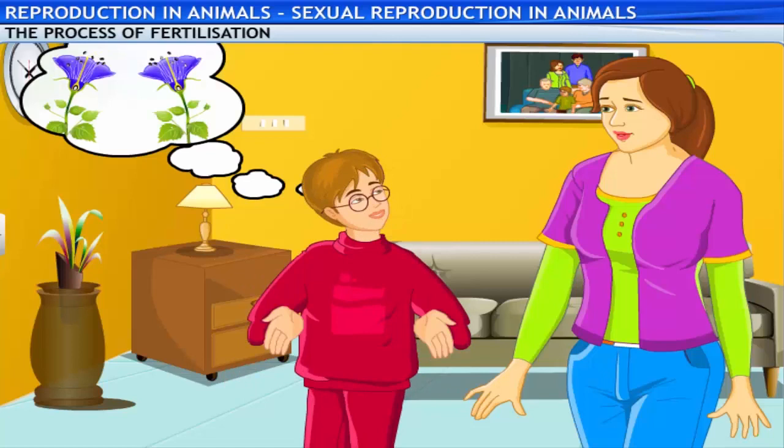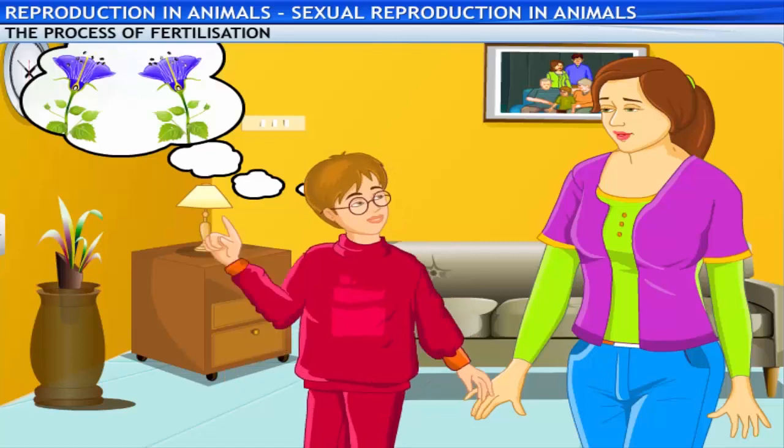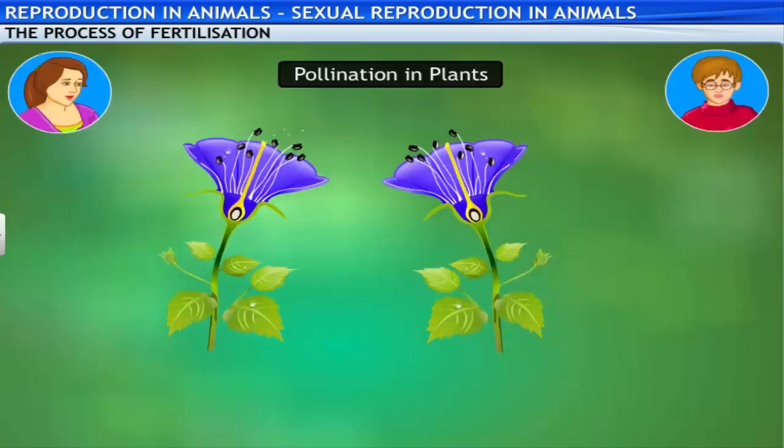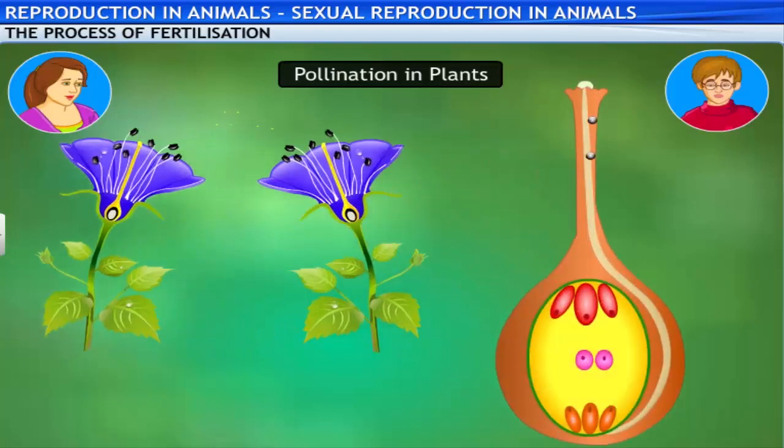I have studied about pollination in plants. Is there something similar to that in reproduction in animals? Let's recall what happens in plants. The male gamete, called pollen, enters and fuses with the female gamete, called egg. Right? Right.